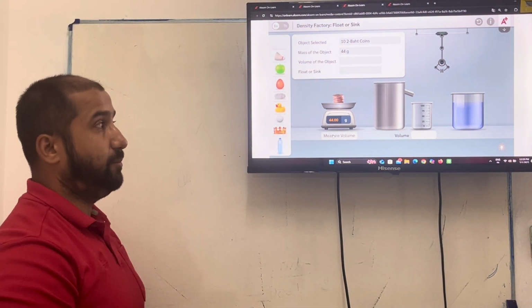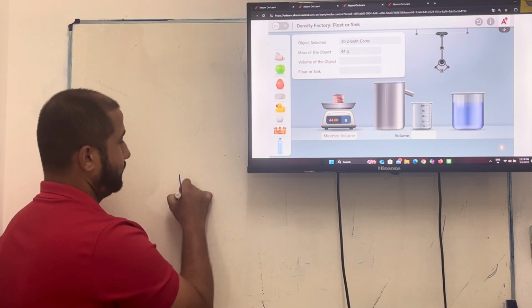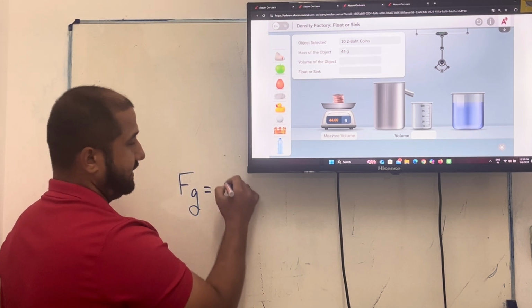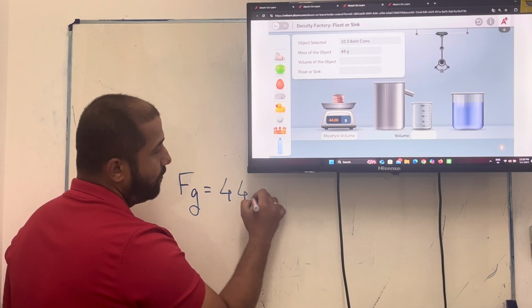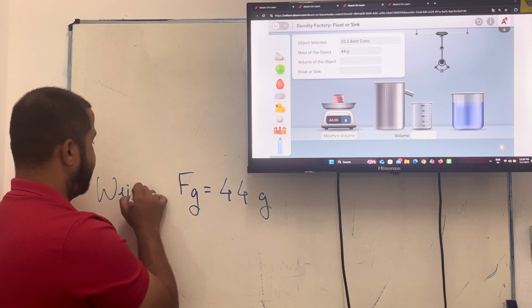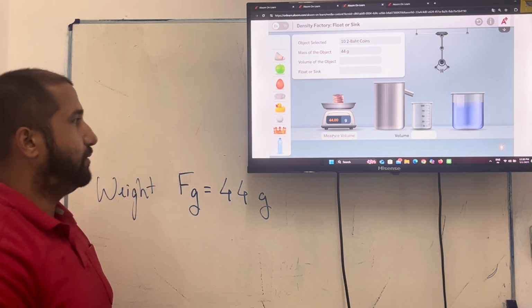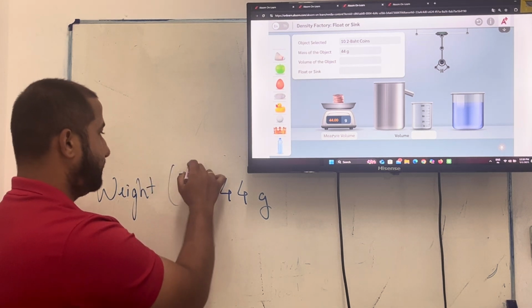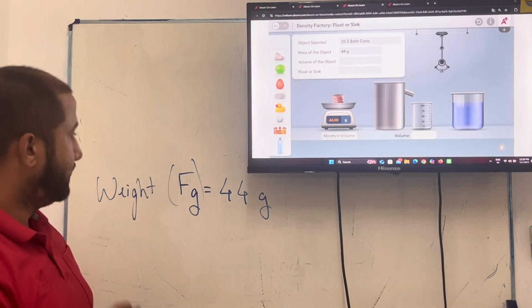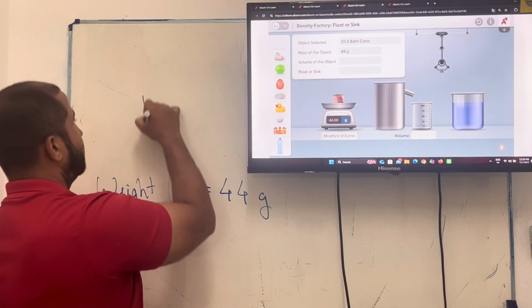First, remember, buoyancy force. What is the weight of the object? That is 44 grams. Weight. Okay. Now, buoyancy force.